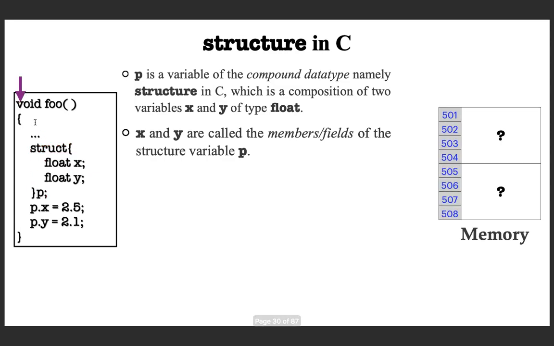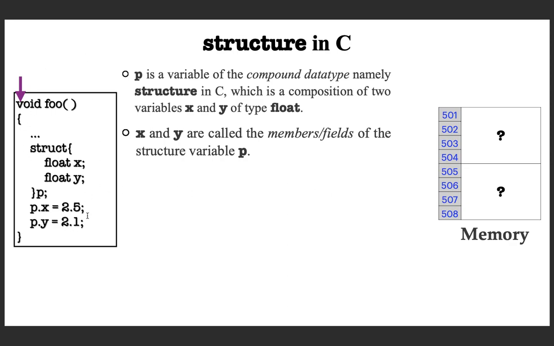Now if you look at the execution of this function, suppose this function is invoked or called for execution. From the previous lectures it's very clear that at the time of calling the function, an instance of that function will be created in the memory, which includes memory allocation for its variables.